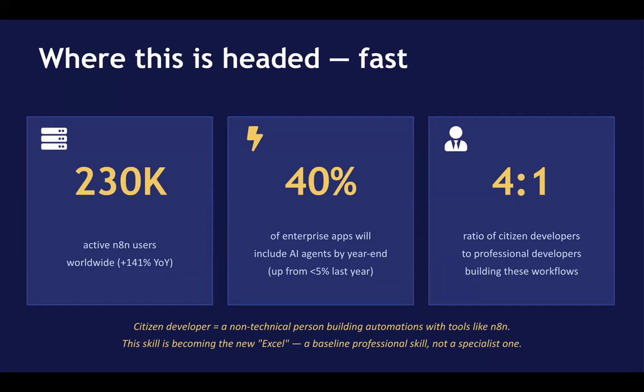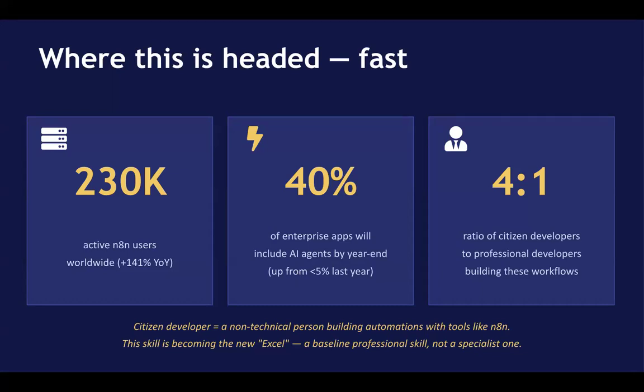It's not a niche tool anymore. It's becoming the standard infrastructure that a lot of businesses are adopting. The projection that matters most is that by the end of this year, 40% of enterprise applications are expected to include task-specific AI agents, up from less than 5% last year. This is a change happening right now, and there's a workforce shift beside it.